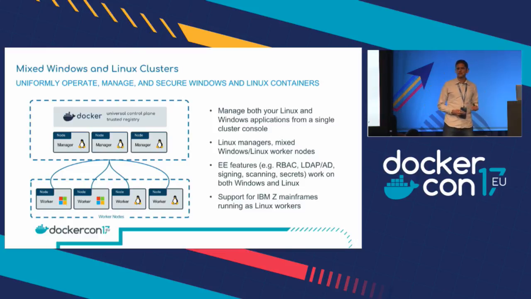What's important to note here is that all of the EE features like role-based access control are back. LDAP or Active Directory integration for your users, the 3 S's that Benjo talked about during the keynote, signing, scanning, secrets, works on both Windows and Linux, and works on both x86 and Z mainframes. So no matter what kind of environment you're running, you're getting the same security and scalability tools across all types of infrastructure.